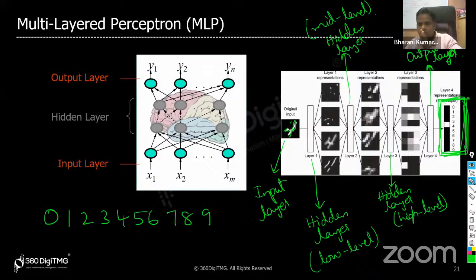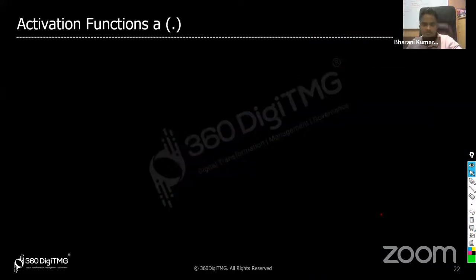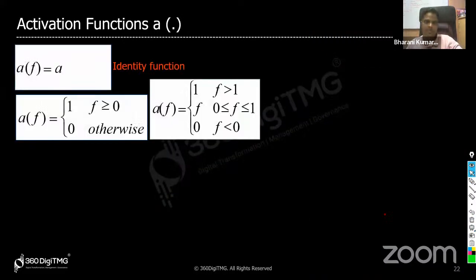When you supply it to your neural network algorithm, it should tell you that the number is 4. It should be able to predict. So input, multiple hidden layers, output layer. That's how it works.